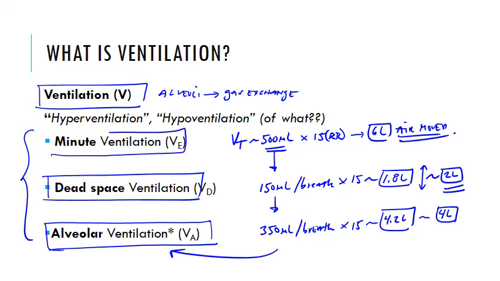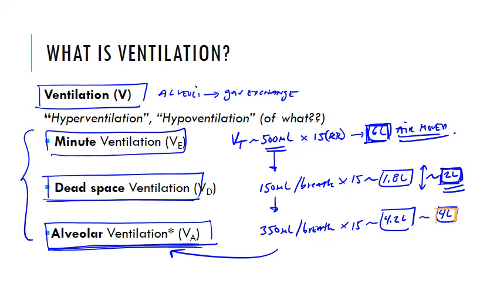Just to summarize, minute ventilation, or total air movement, is about 6 liters per minute for the average adult. Of that 6 liters, about 2 is not used, and about 4 liters is used.